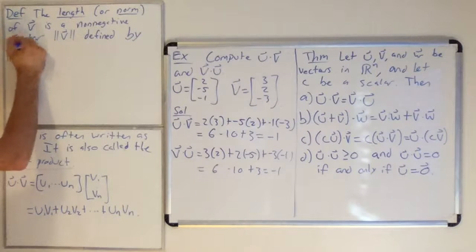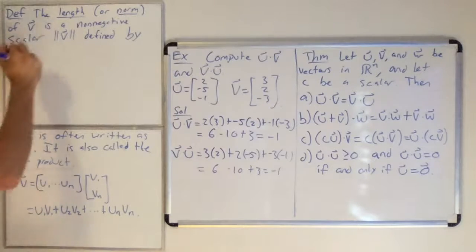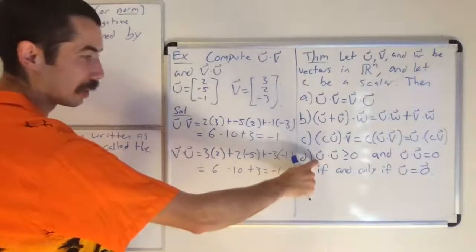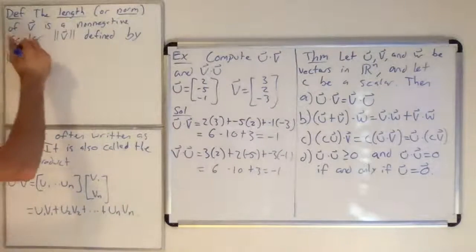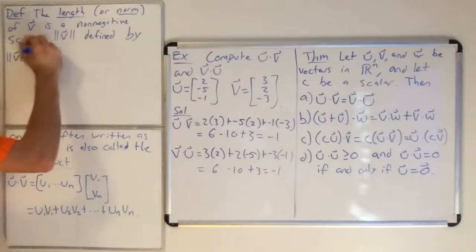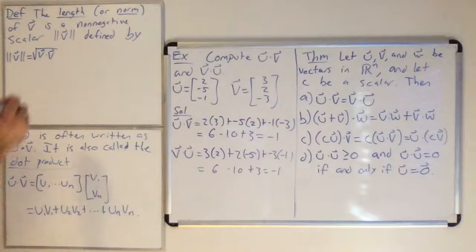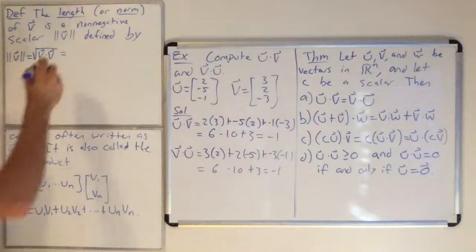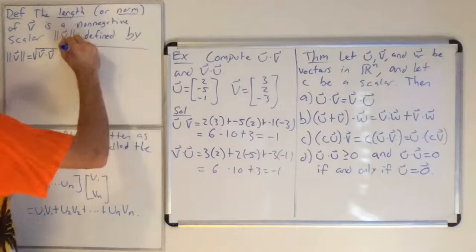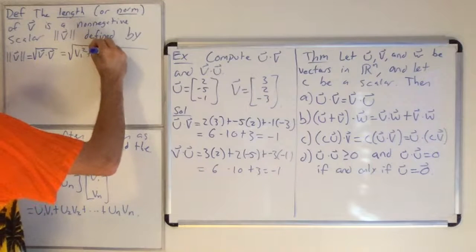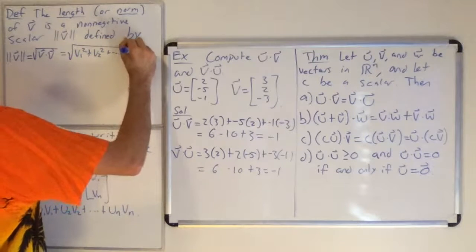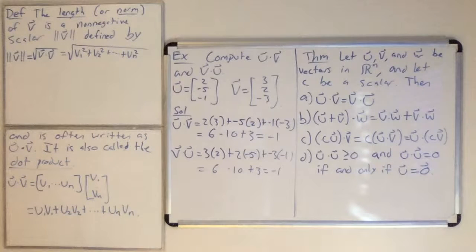And it's defined by the length of v is equal to, well, this number here, anything dotted with itself is non-negative, so we can take its square root. So the length of v is equal to the square root of v dotted with itself, which, if we work it out, is the square root of v1 squared plus v2 squared plus vn squared. Okay, so this comes from the distance formula from calculus class, Pythagorean theorem, really.